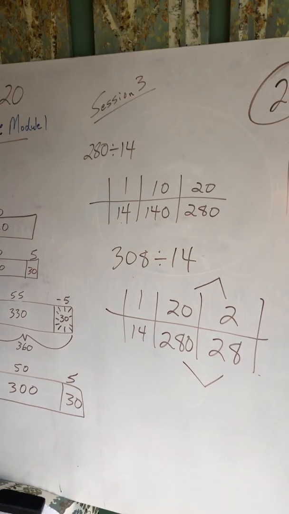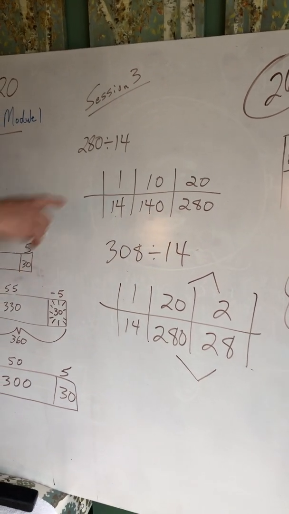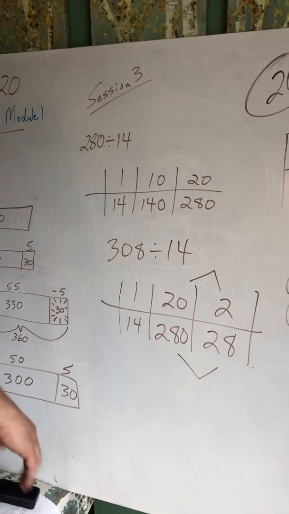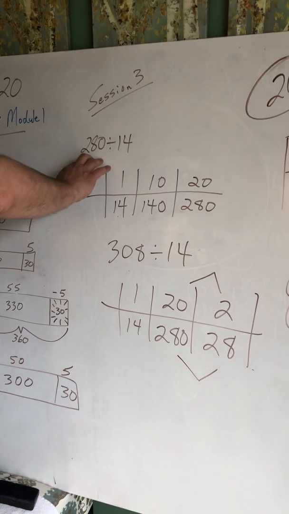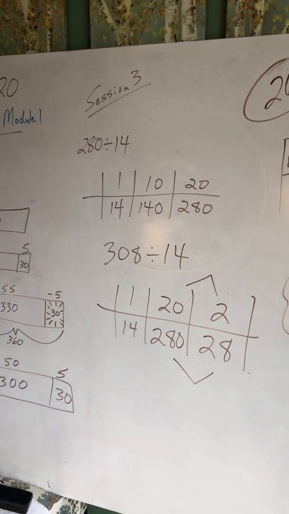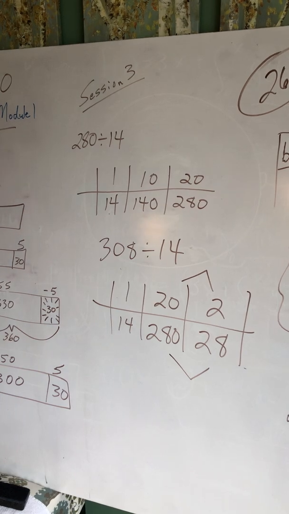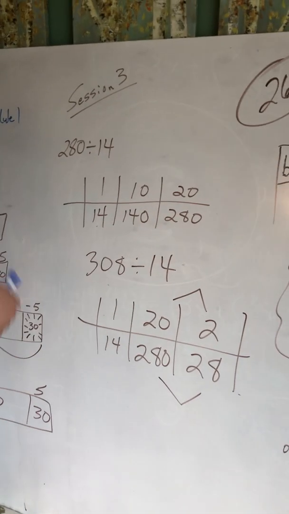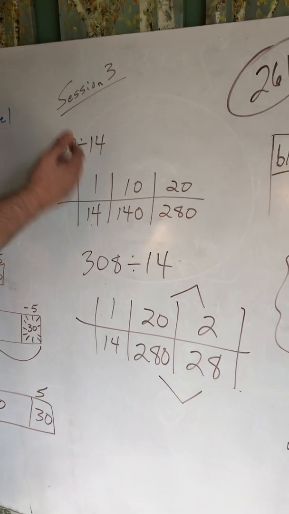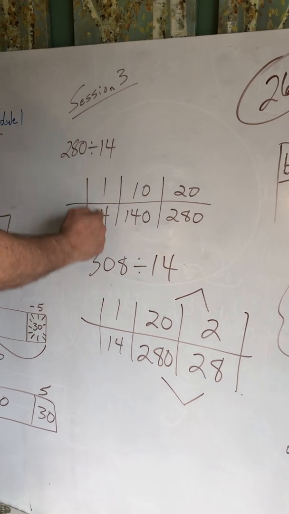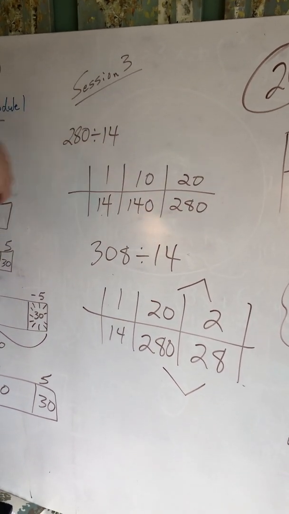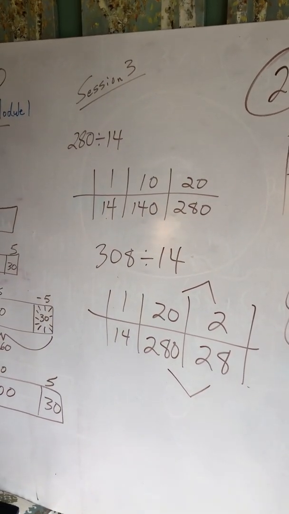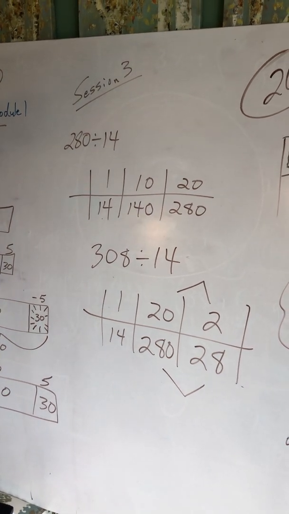Kind of the same thing, only bigger divisor. I mean, we're pretty much doing the same thing. So we have 280 divided by 14, except we're using a ratio table, okay? So I always like to start out with 1 times whatever the divisor is. I like to just start at the beginning, and then you can get bigger after that.